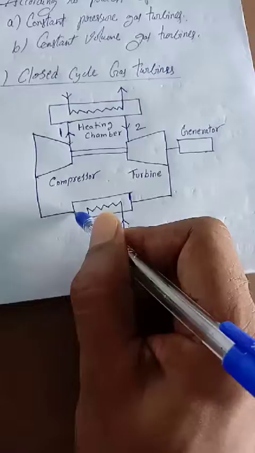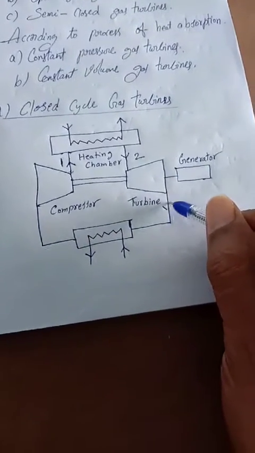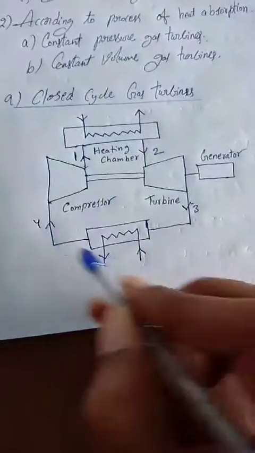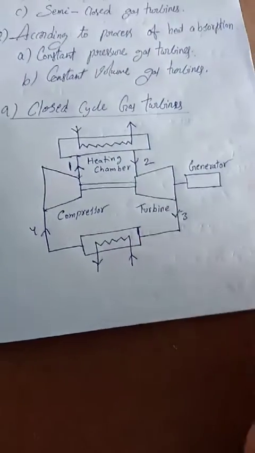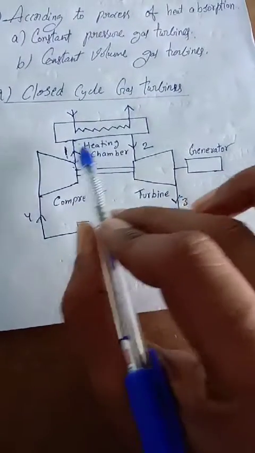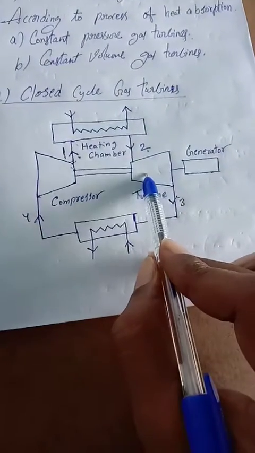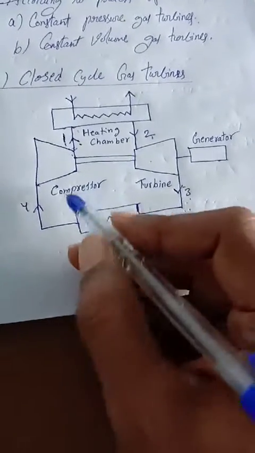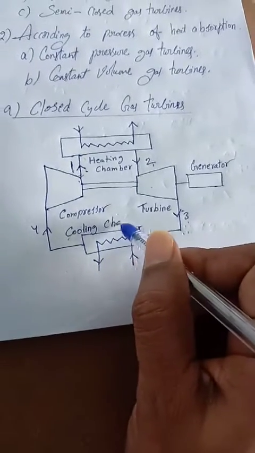Now look here: 1, 2, then 3, then 4. We close this, so it becomes an entirely closed system, called a closed cycle turbine. Point 1 is the compressor, 1 to 2 is heating the compressed air, 2 to 3 is the turbine process, and 3 to 4 is the cooling process. This one is the cooling chamber.